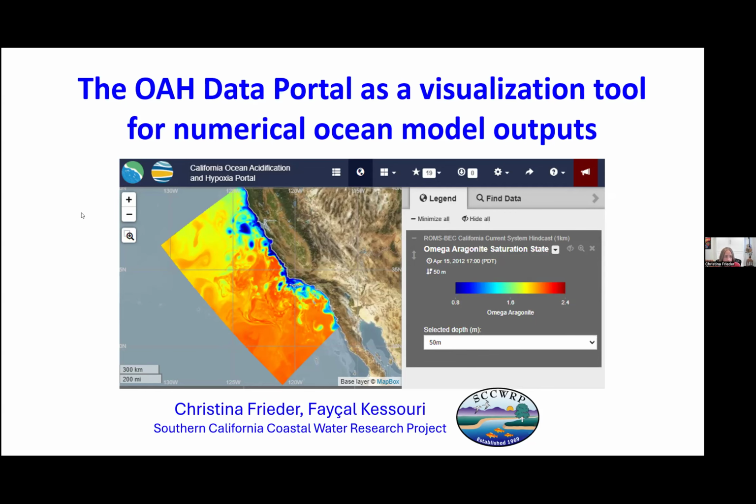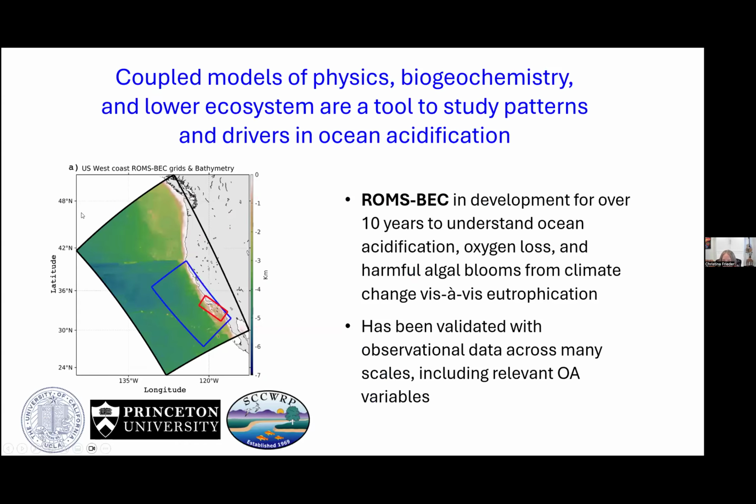The model that we're working with and sharing the outputs for is what we call ROMS-BEC, or the Regional Ocean Modeling System, coupled to biogeochemical elemental cycling, which means it includes an online biogeochemical model that has a lower ecosystem function.